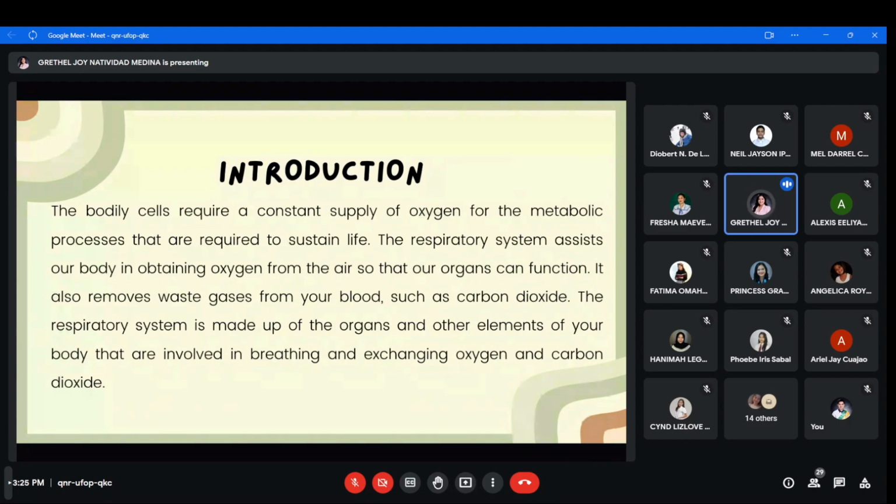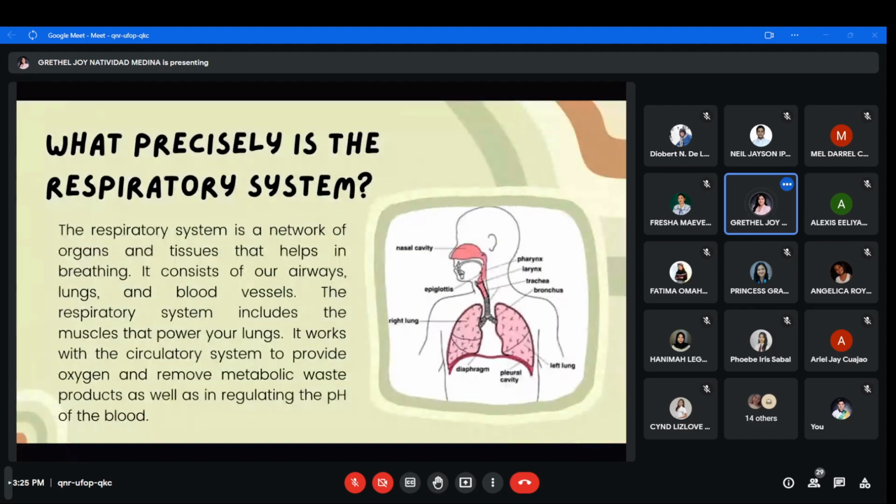The respiratory system is made up of organs and other elements of our body that are involved in breathing and exchanging oxygen and carbon dioxide. But what exactly does the respiratory system do? It is a network of organs and tissues that helps in breathing. It consists of our airways, lungs, and blood vessels.